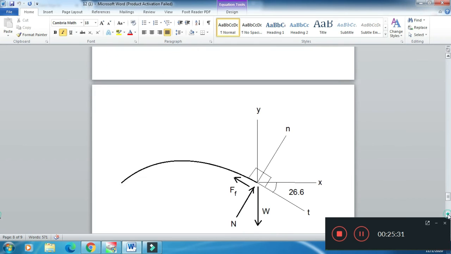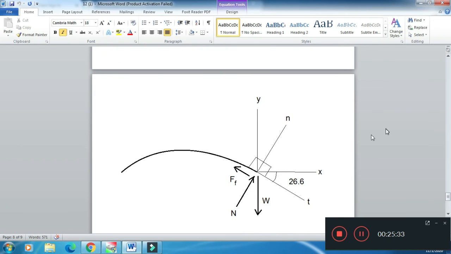You can see the figure at the instant where we have to perform calculations. This is the location of the car. This is tangential direction. Between tangent and x-axis angle is 26.6.